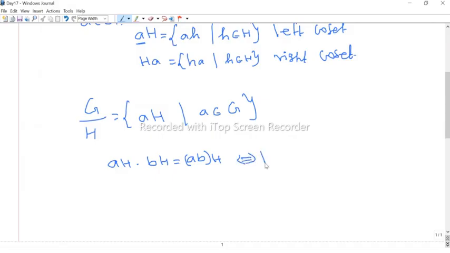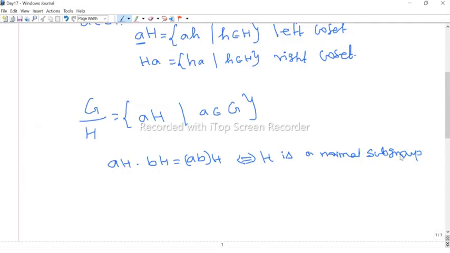So the product of two right cosets is again a right coset if and only if H is a normal subgroup. Otherwise, the product of two right cosets or two left cosets may not be a right coset or left coset.